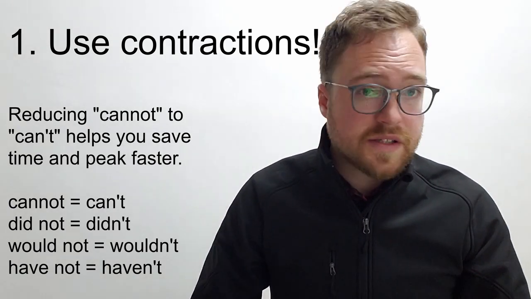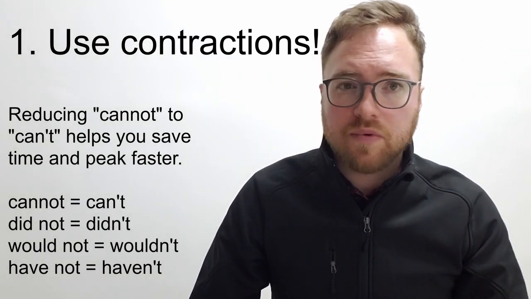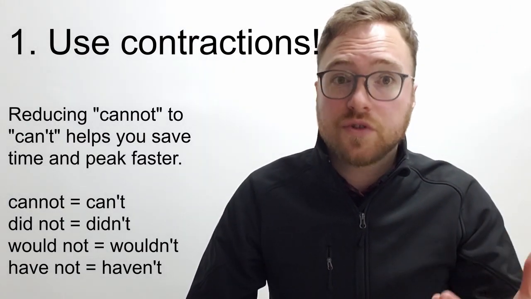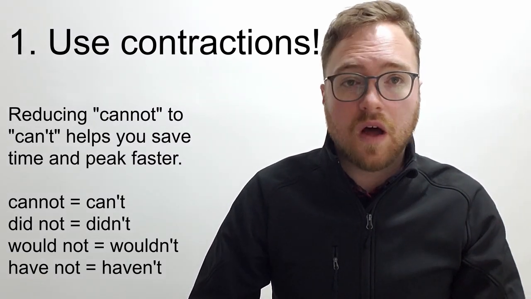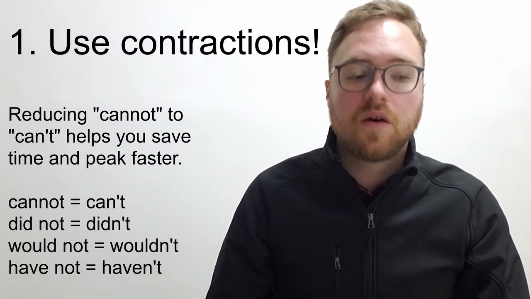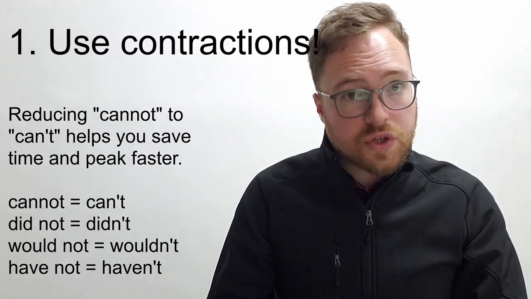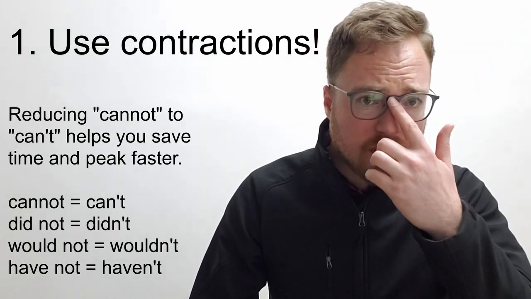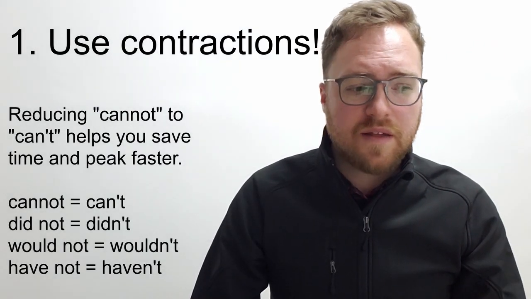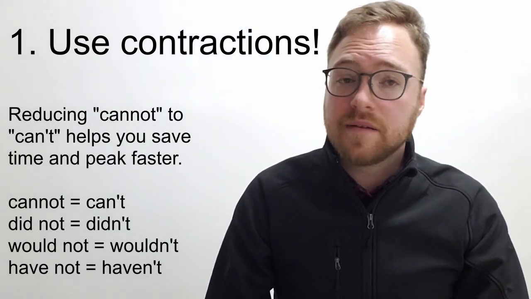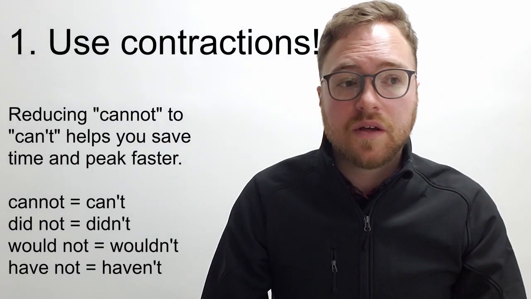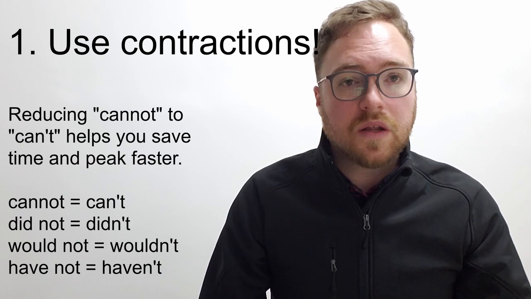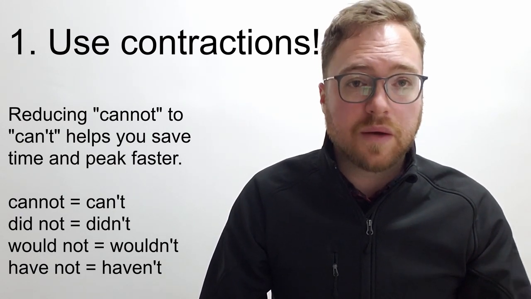And I know that it's a very simple tip, but if you can really practice on memorizing all of the English contractions, some of the longer ones like haven't or mustn't or shouldn't, wouldn't, couldn't, will really help you save time when you are speaking rather than saying would not, especially because sometimes the pronunciation of would or could might be a little bit difficult for you in your native language.